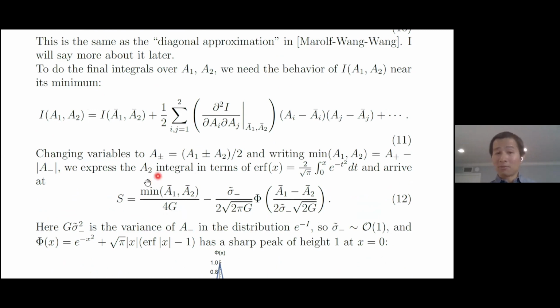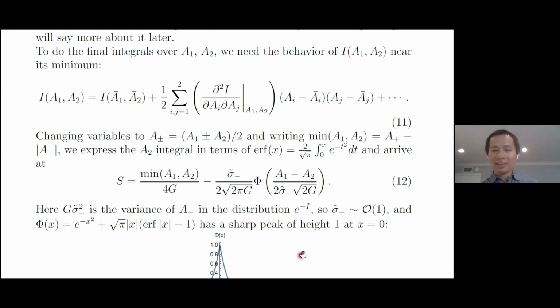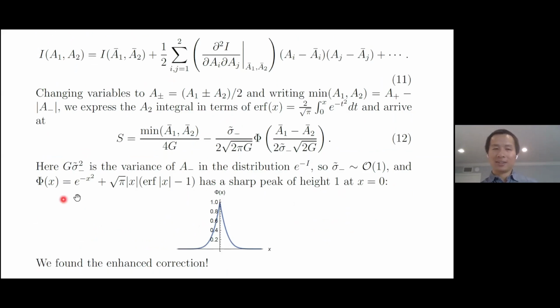The leading term, of course, is the Ryu-Takayanagi formula, taking the minimum over A1, A2. The bar here just means the saddle point value in the full general semi-classical state. So that's the minimum of this action I. And then there is this correction piece coming from the error function, where phi is a function that is determined.